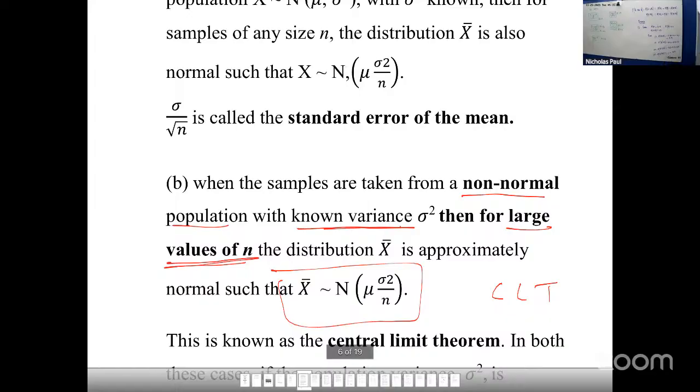Right, so again, we use this whenever we have distributions that are not normal.